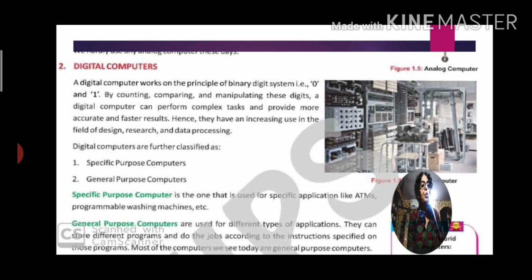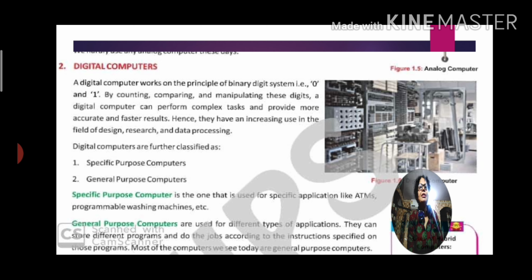By counting and comparing and manipulating these digits, our digital computer can perform complex tasks and provide more accurate and faster results. So they have an increasing use in the field of designs, research, data processing, and in different fields we are using digital computers.